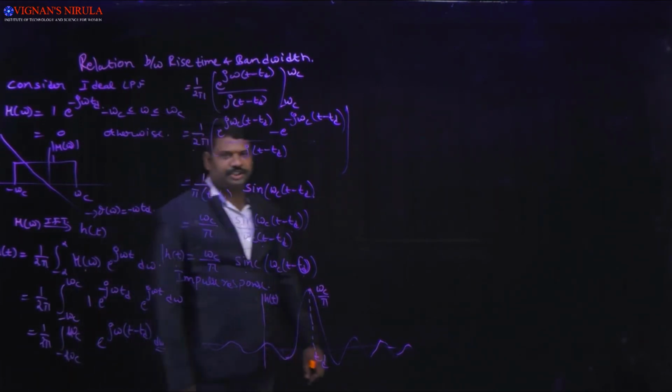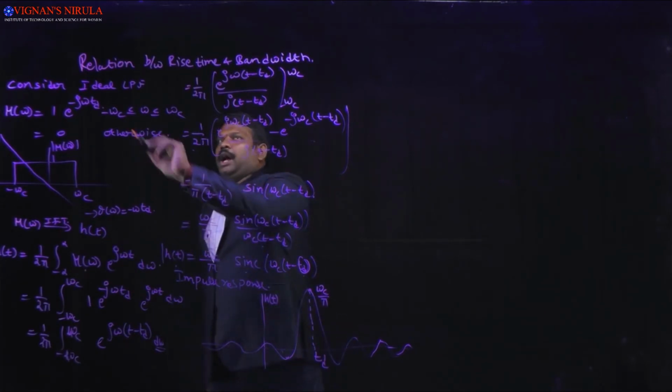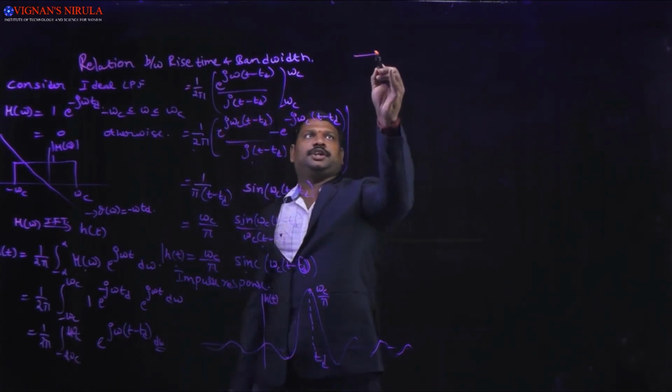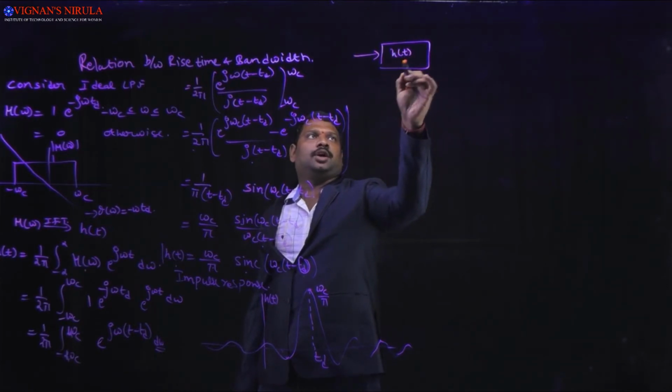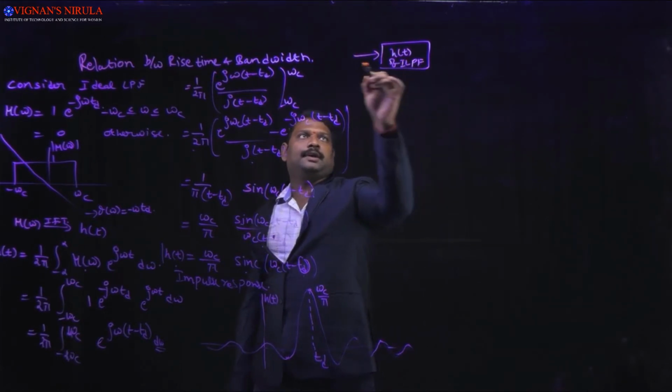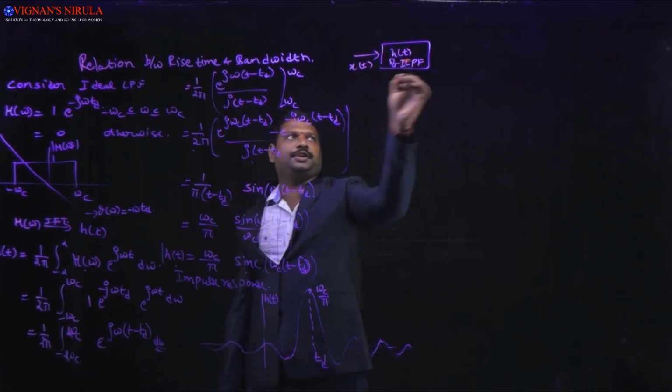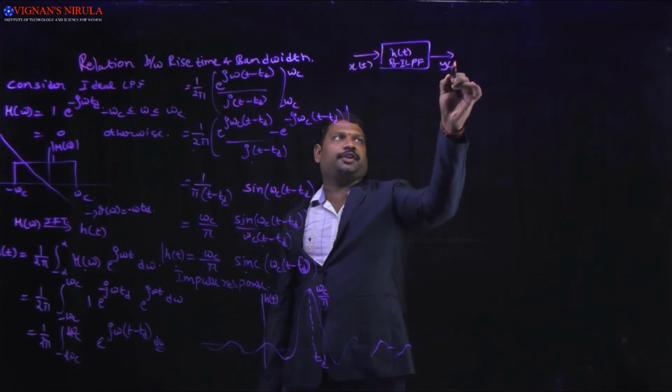Once we know this h of t, the impulse response of an ideal low pass filter, take the input as x of t and the output as y of t.